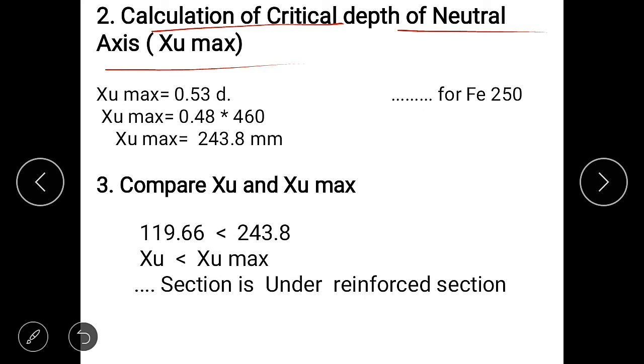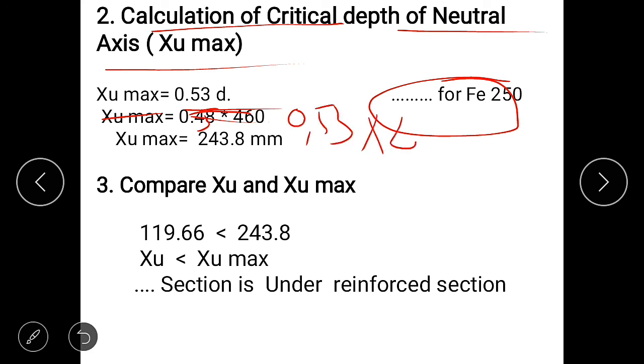Second step, calculation of the critical depth of neutral axis. Here XU max is 0.53 D, since the steel is different. So consider 0.53 into 460, and the value is 243.8 mm.